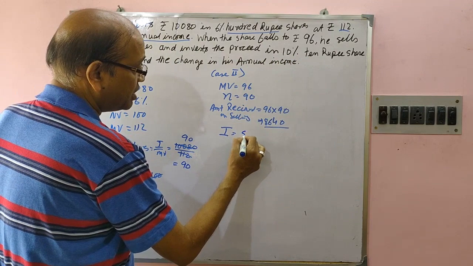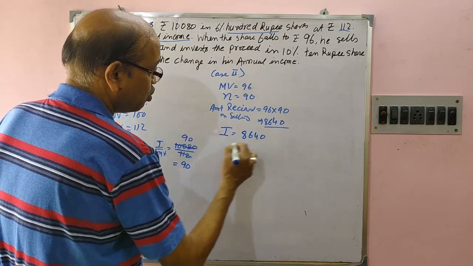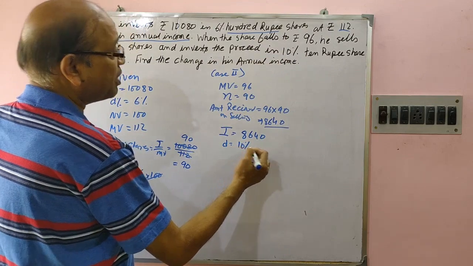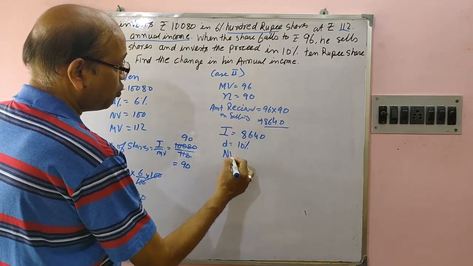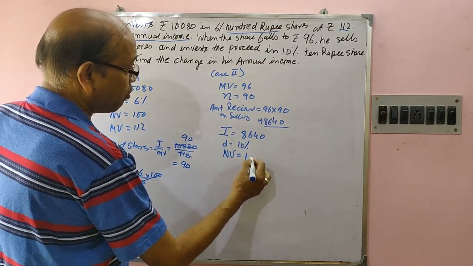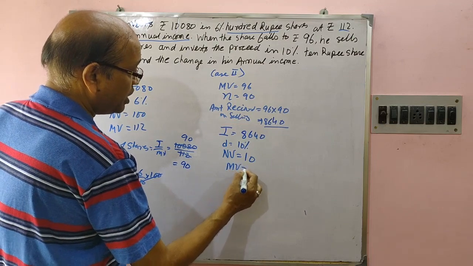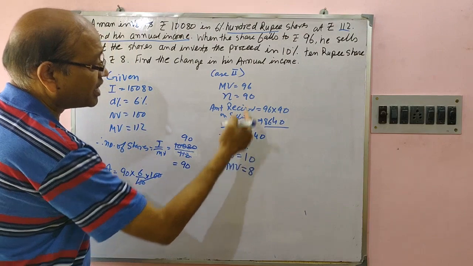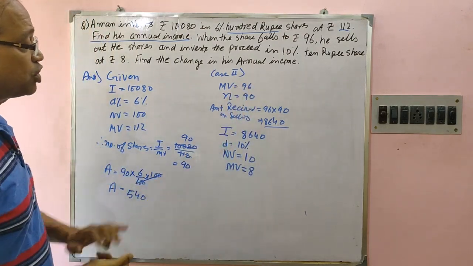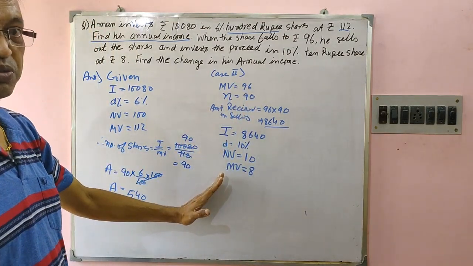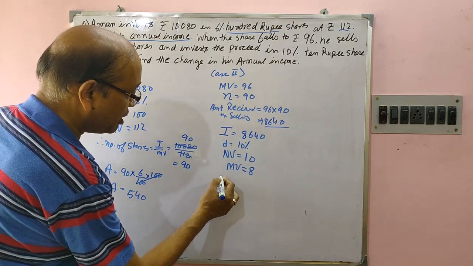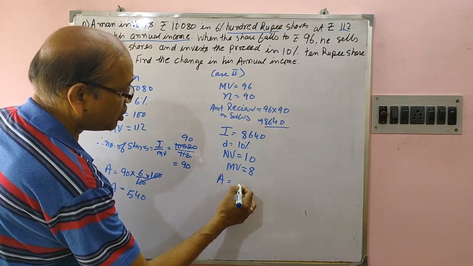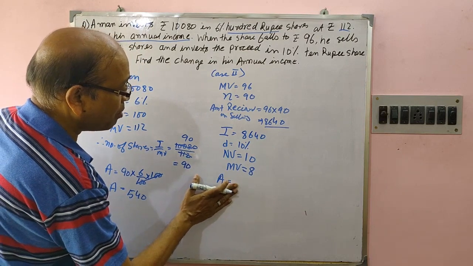So investment is 8640, D percent is 10%, nominal value is 10 rupees, market value is rupees 8. I will not take 96 because he is buying at this amount. Now what is the annual income? I will find the number of shares.